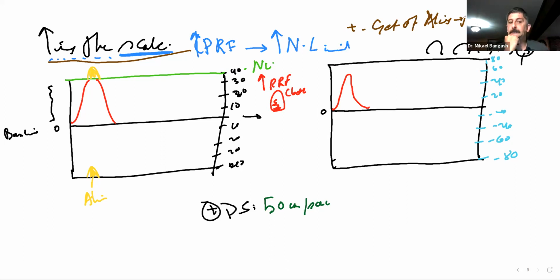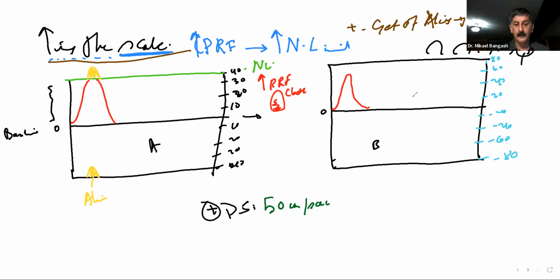Did that make sense? Did you girls get that? Clear? Now in this example, we went from A to B, and let's say we doubled the scale.